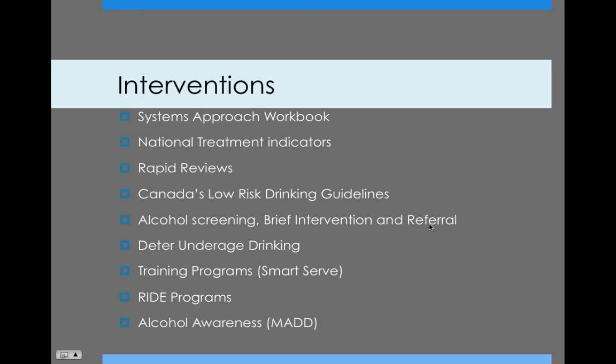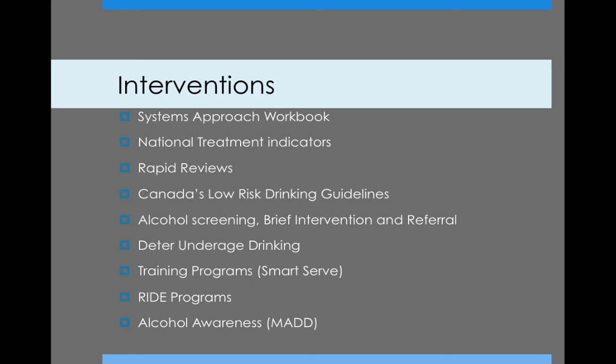So here we have some government interventions that are listed. These are definitely not all of them, just a few to touch on. The Systems Approach Workbook, the National Treatment Indicators, and the Rapid Reviews all go hand in hand. Basically, they work to outline what treatment is and isn't working. The National Treatment Indicators are only done annually, and it's data collected by the National Treatment Indicators Working Group from participating provinces and territories.